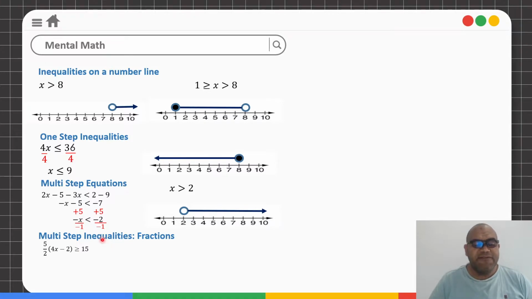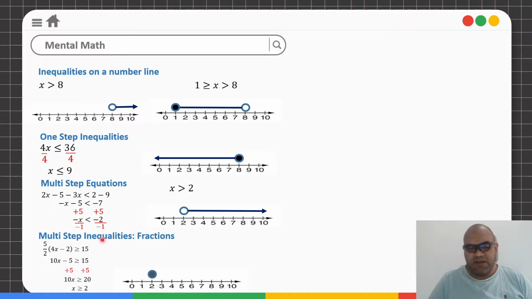And 5 halves times negative 2 is negative 10 over 2, which is negative 5. Oh, very simple. After that, move negative 5 by its opposite, adding 5. I get 10x is greater than or equal to 20, and the result is x is greater than or equal to 2. I have the number line over here.